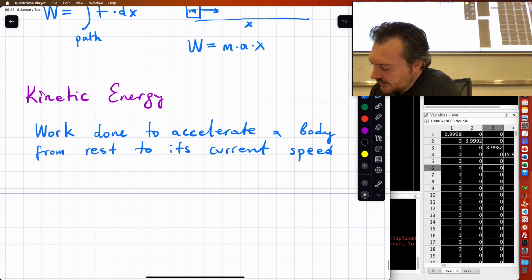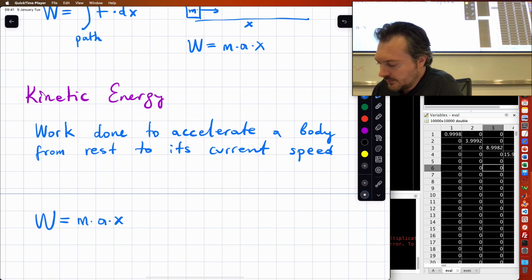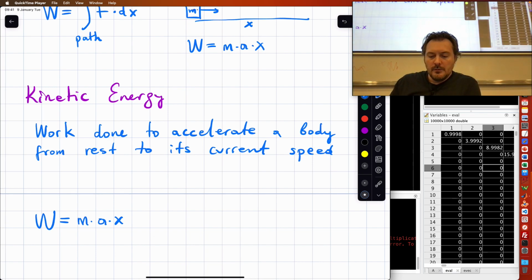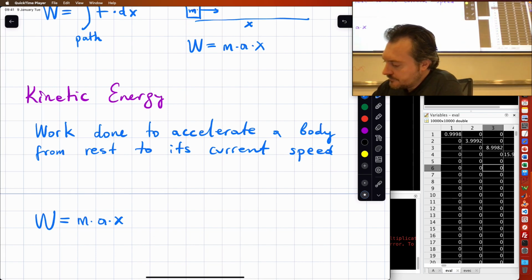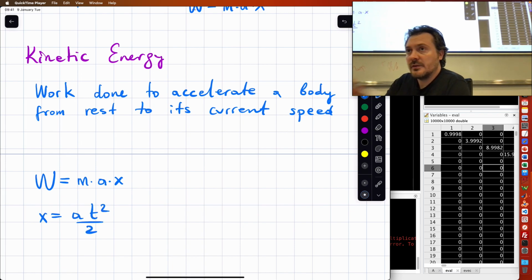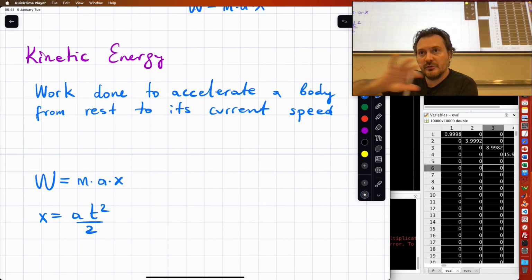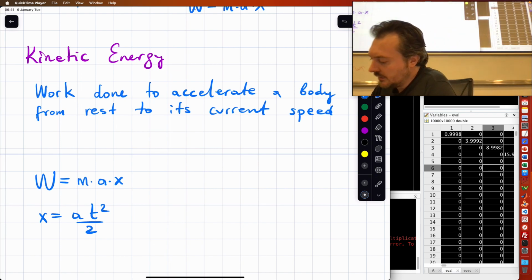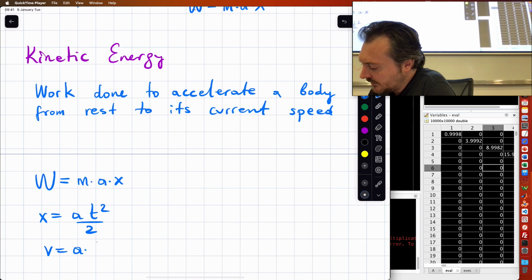Well, work done is m times a times x, right? And we also know that x is at squared over 2. Do you agree with this? Just linear acceleration, constant acceleration. And v is a times t.